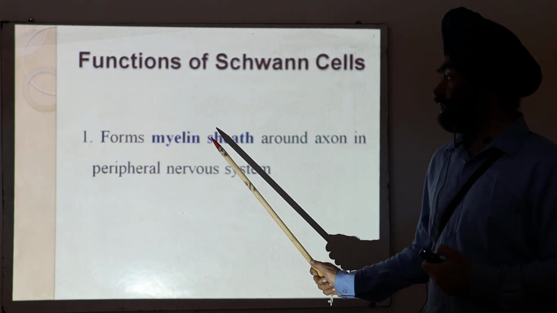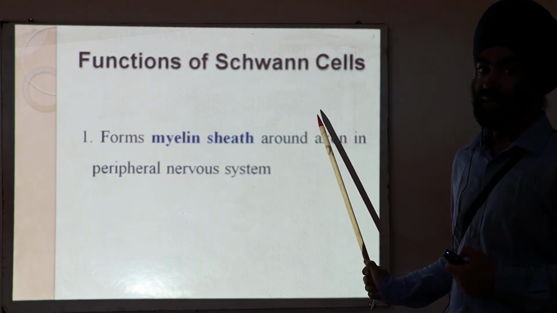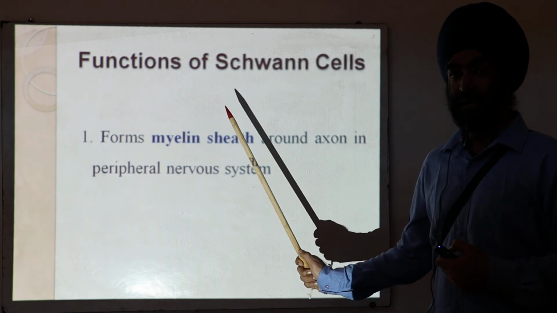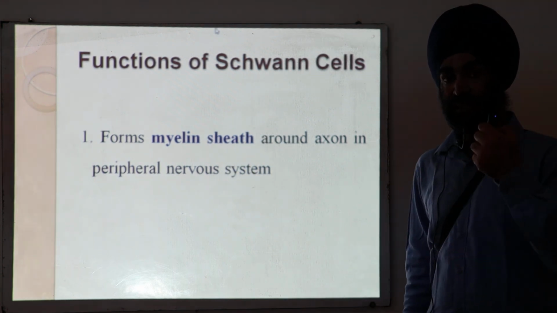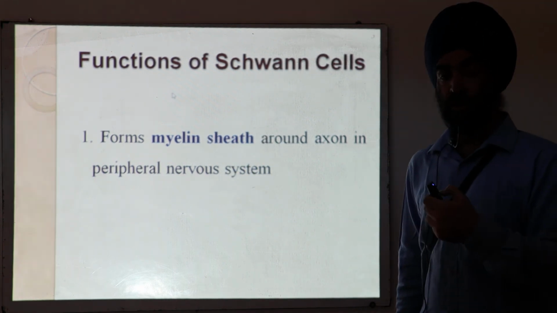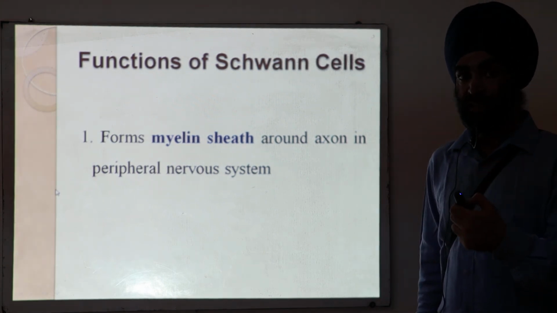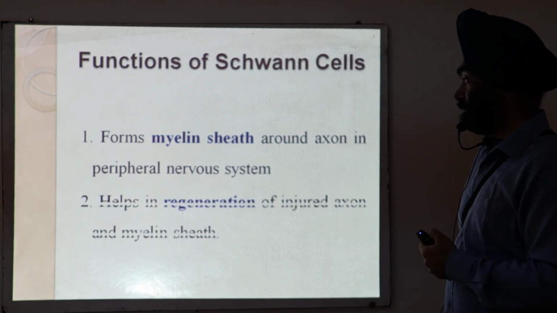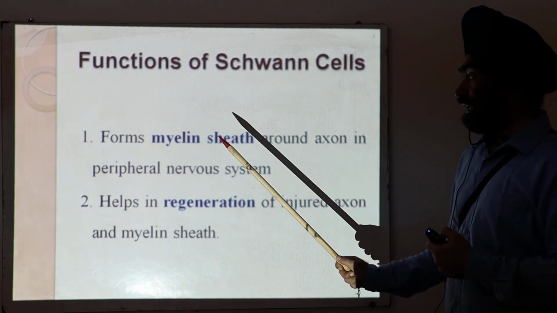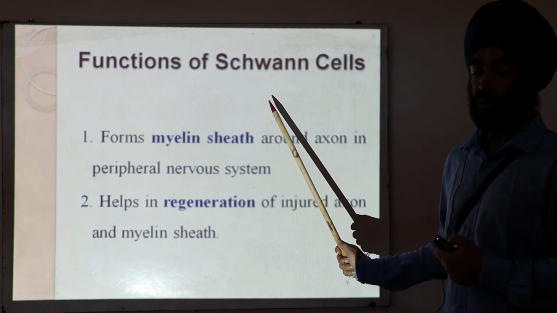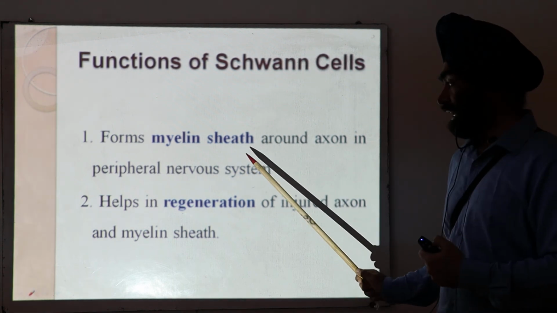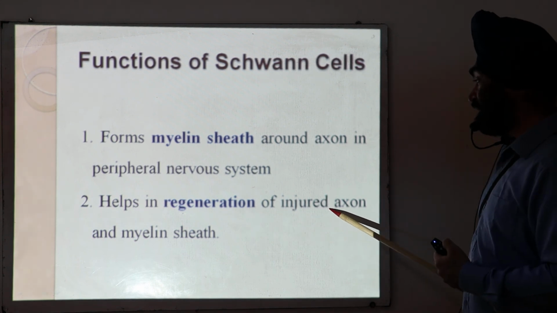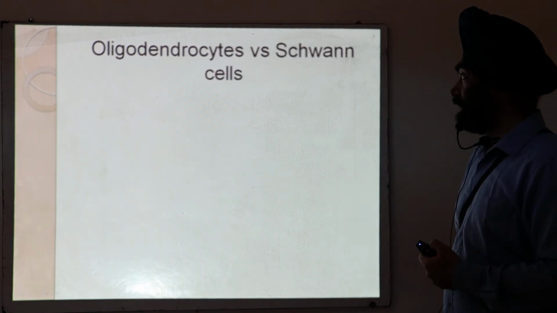They help in the formation of myelin sheath around the axons in the peripheral nervous system. I just want to compare: the myelin sheath in the central nervous system is formed by oligodendrocytes, but the myelin sheath in the peripheral nervous system is formed by these Schwann cells. Plus, if the myelin sheath or the axon is ruptured, then it is regenerated by these cells. So they help in regeneration of the injured axons and the myelin sheath.